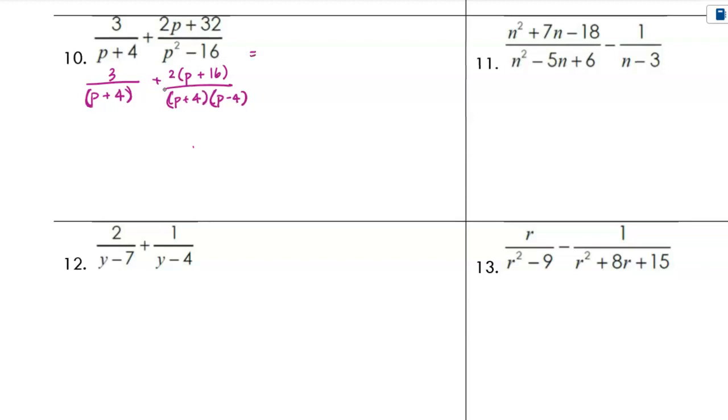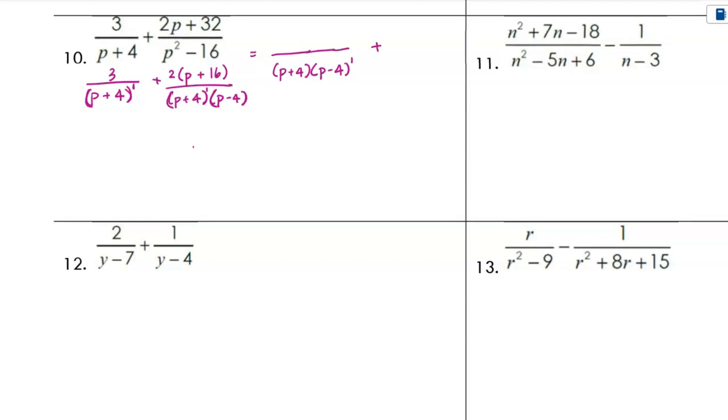So the common denominator is p plus 4, which appears once and once. That's the greatest number of times. And p minus 4 appears once, and none there, but it's the greatest number of times.